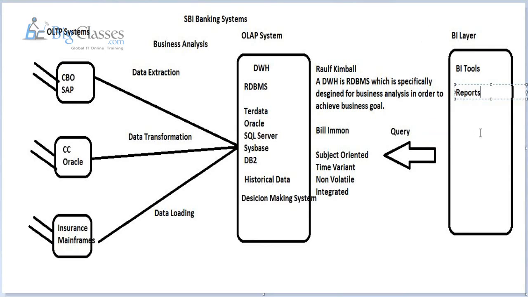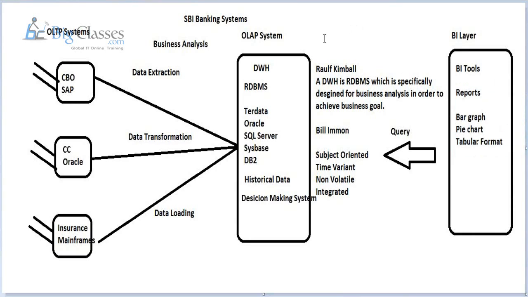Within the reports, we have different ways of presenting the data. We can present the data in a pie chart, in a bar graph, or in a tabular format. Likewise we can present the data.